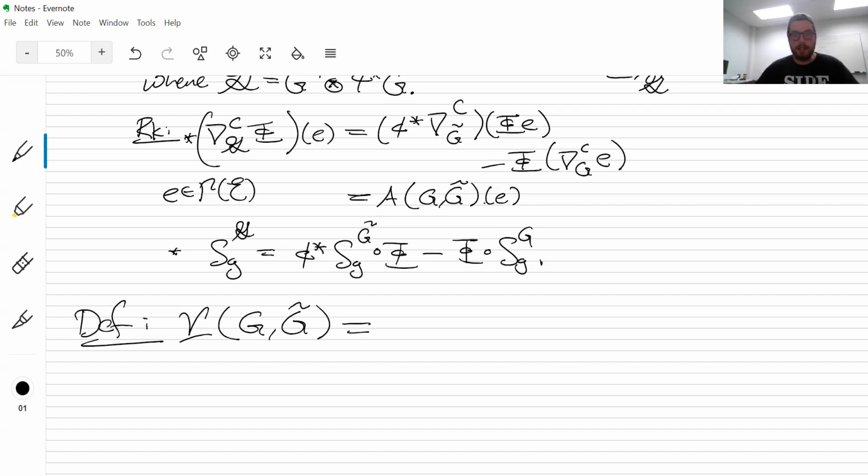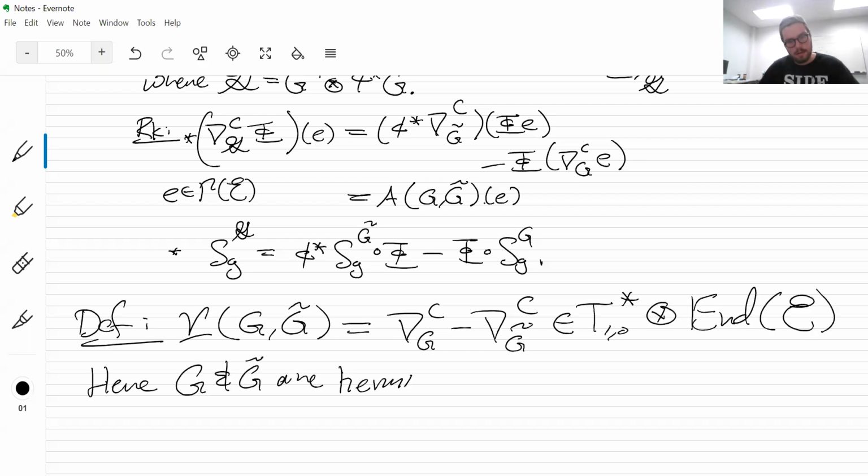It's just the difference of Chern connections, G to G tilde, in T1,0 star tensor endomorphisms of E. And I should mention that G and G tilde here are Hermitian metrics on E. Okay.